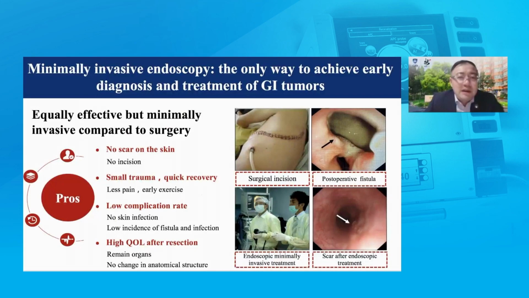There is no scar on the skin, the trauma is small, and the patient can have a quick recovery. Minimally invasive endoscopy is now the only way to achieve early diagnosis and treatment of GI tumors.